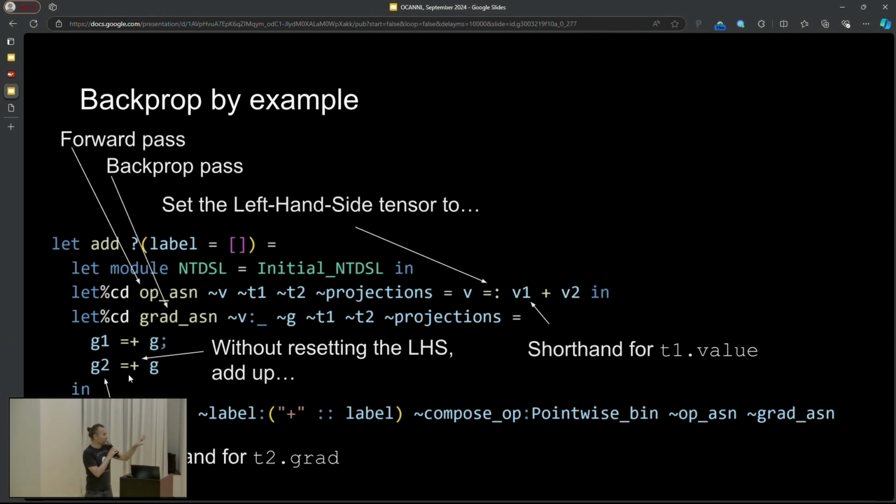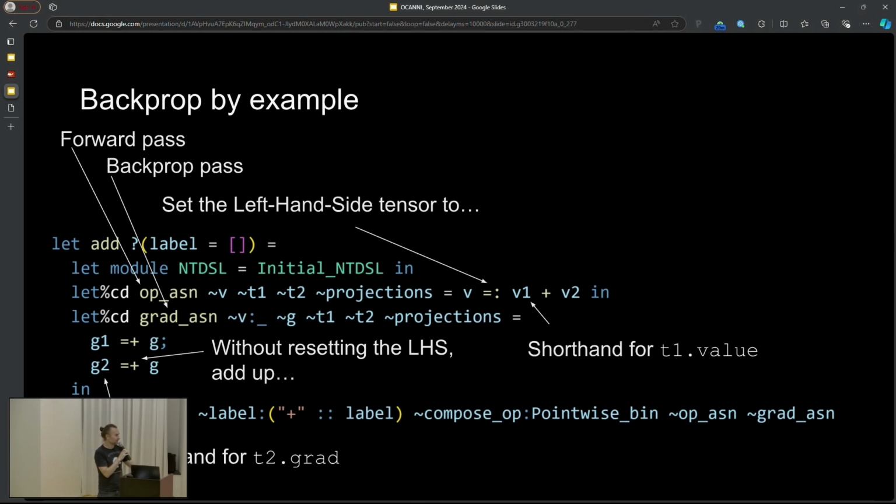So the op code is for the forward pass, the grad code is for the backprop pass, and in the backprop pass we don't reset. We accumulate all of the occurrences of the gradient.